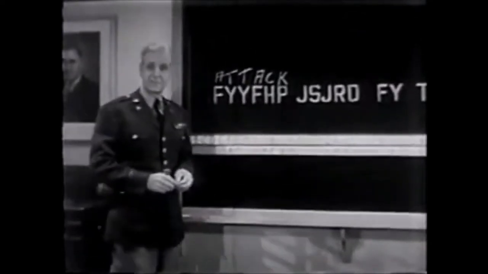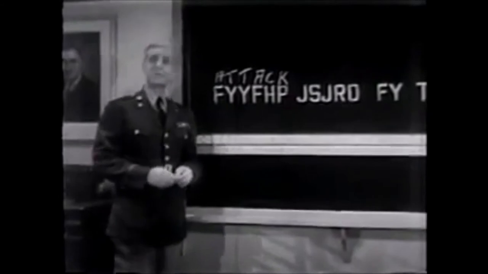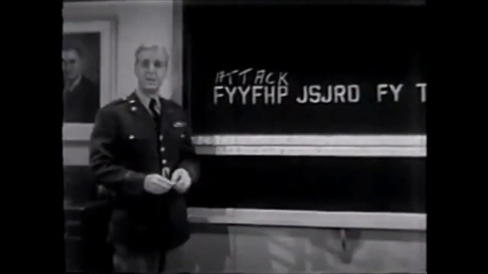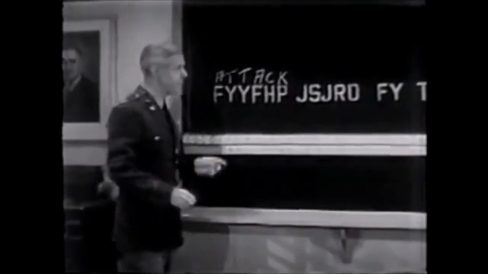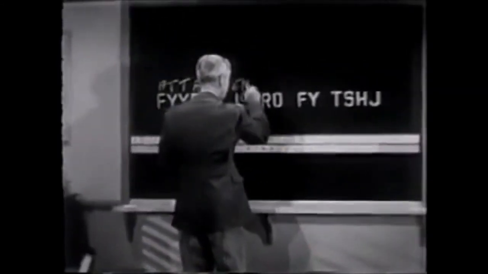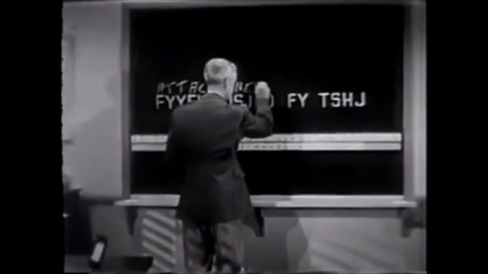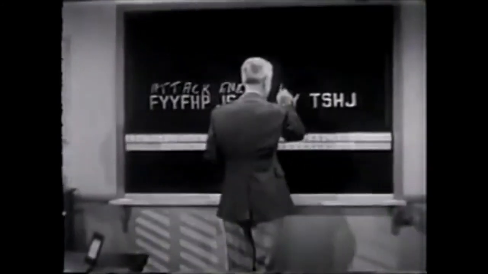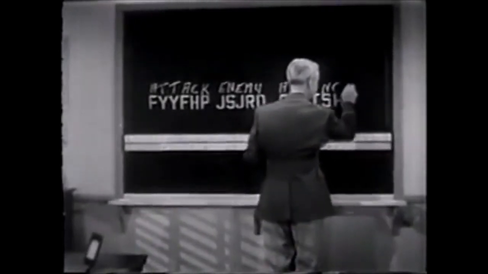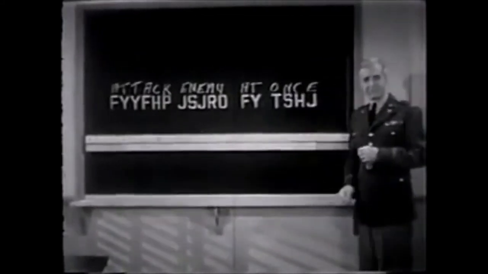And that clearly is a word. And I think we've hit on the solution of this code on the first guess. Now, by going ahead with this same method, we get E, N, E, M, Y, A, T, O, N, C, E. Attack enemy at once.